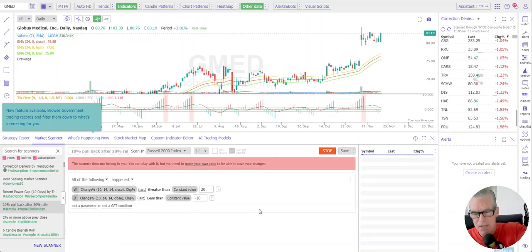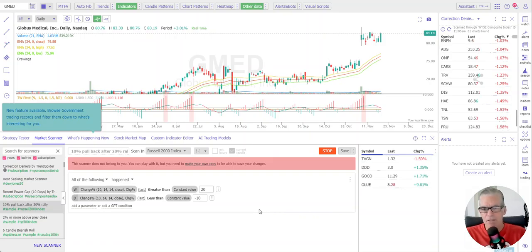And from that peak of at least 20%, it has pulled back at least 10%. So if you know anything about Fibonacci retracements, then that would be a 0.50 fib retrace, which is typically where you see price hold, turn around, and go back up again.